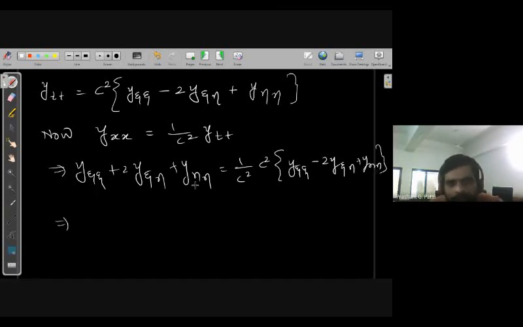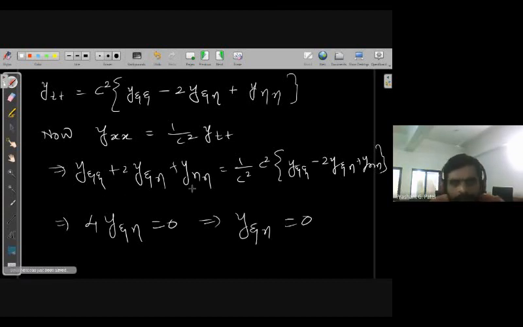So finally the quantity left is 4 times y xi eta is equal to 0. That implies y xi eta is 0, because y xi xi is cancelled with this one, and y eta eta is cancelled with this one. So only this quantity is left. This is the canonical form of the equation, which is of hyperbolic type.